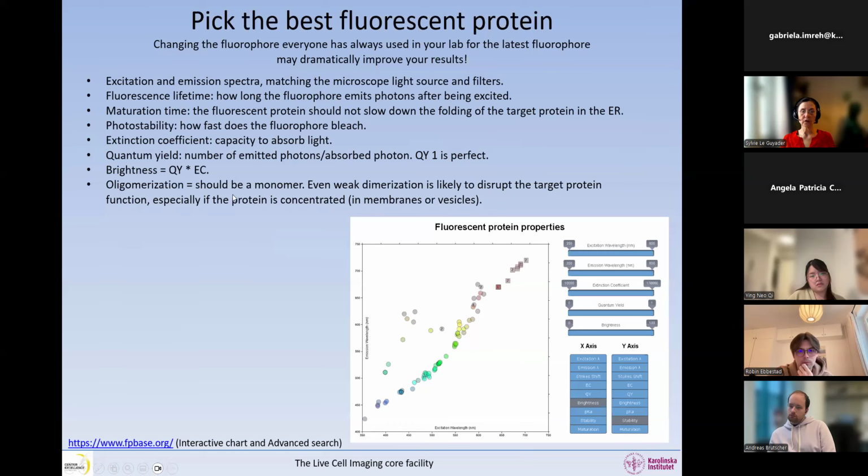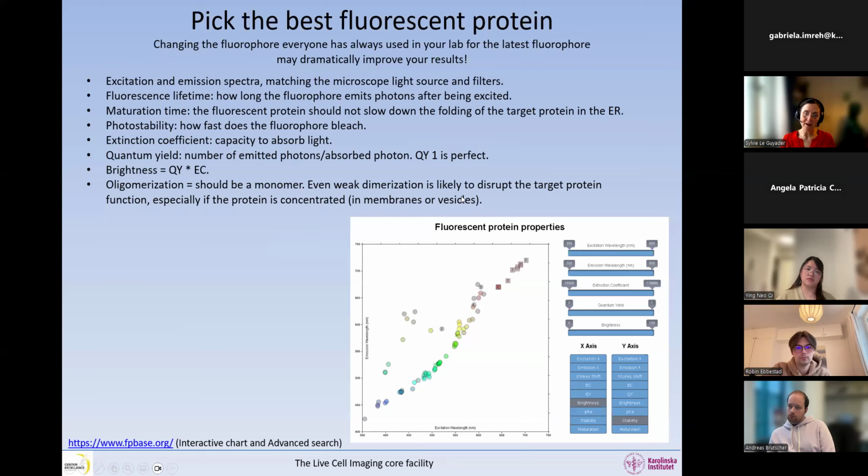We do not want our fusion protein with the protein of interest and the fluorescent protein to dimerize. If the protein of interest should not dimerize, you really don't want this to dimerize because the fluorescent tag is dimerizing, right? So we really want to have a monomer as a fluorescent tag. And so this is basically below there, you will see, but you will get to practice that.